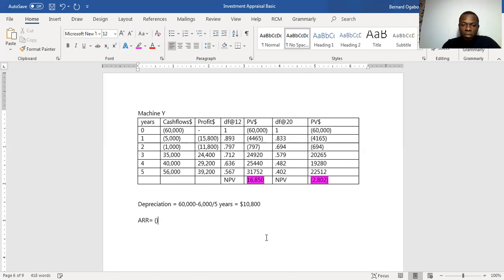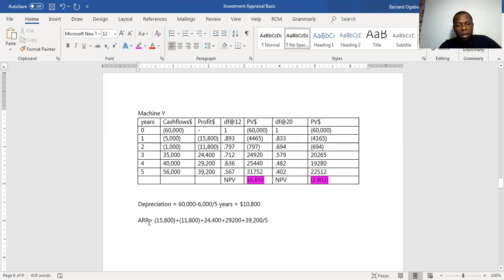So we have the profits: 15,800, 11,800, plus 24,400, plus 29,200, plus 39,200 divided by 5.